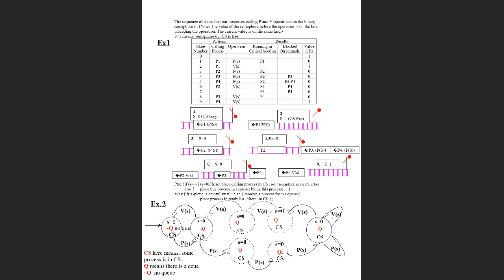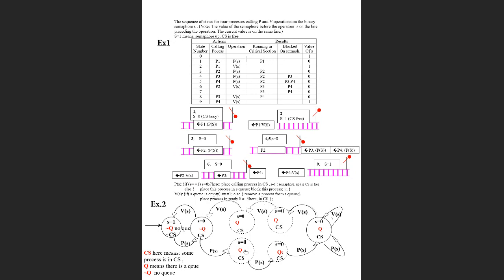Now, if this process takes a while for execution, and in the meantime another process is coming, we change the state. The semaphore is still closed, the critical section is still busy, but now instead of not Q, we have Q, because the second process is waiting until this process finishes executing.